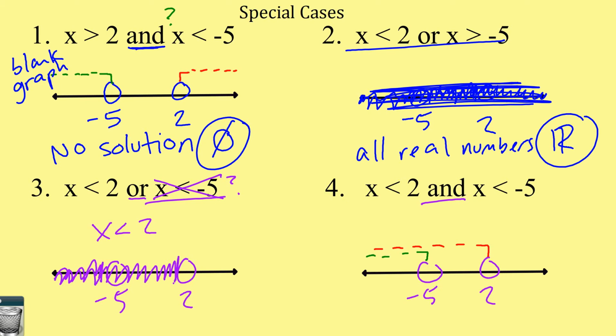Well, notice what we end up shading. The only part where they overlap is to the left of -5. So was this less than 2 even needed? No, it's extra info. Our answer is just x is less than -5 with the left part shaded. Okay, so this is how I expect your answers. All right.